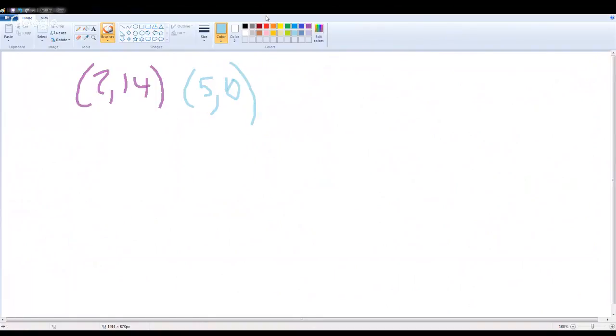So your equation on this one is y2 minus y1, divided by x2 minus x1.